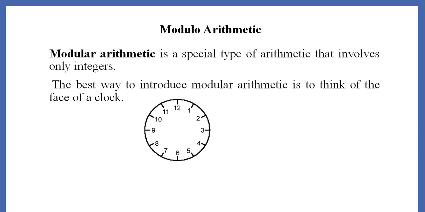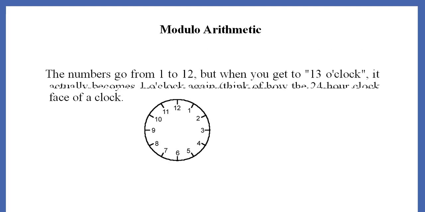This wrapping around a certain integer gives rise to modular arithmetic, which is sometimes called clock arithmetic. Modular arithmetic is a system of arithmetic for integers where numbers wrap around.